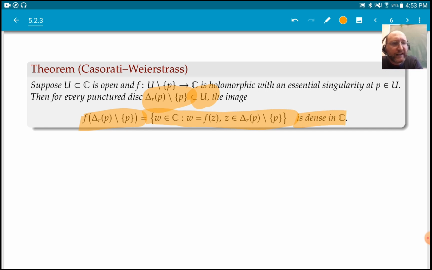The complement has empty interior, so it's dense in C. You're definitely getting almost everything.